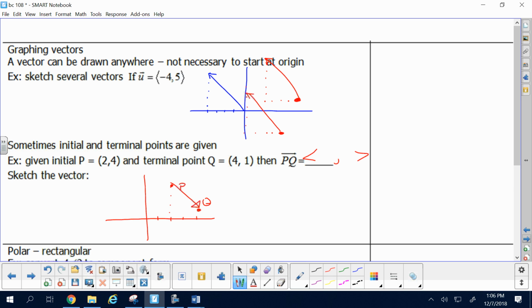Now, just visually, how far did you go horizontally? 2. And how far did you go vertically? -3. Say we didn't graph it. Where did this 2 come from, in terms of the original points? x2 minus x1. The difference between the two x's. And that is obviously then y2 minus y1. Cool?